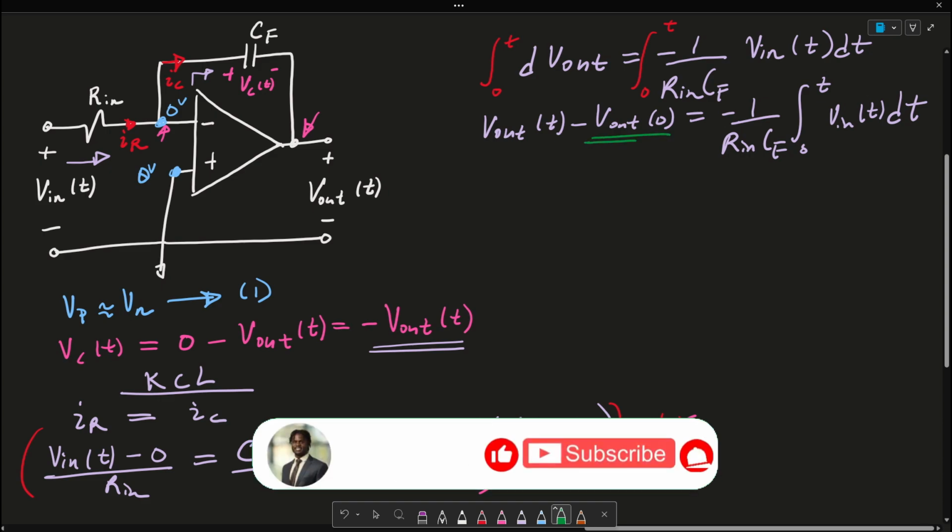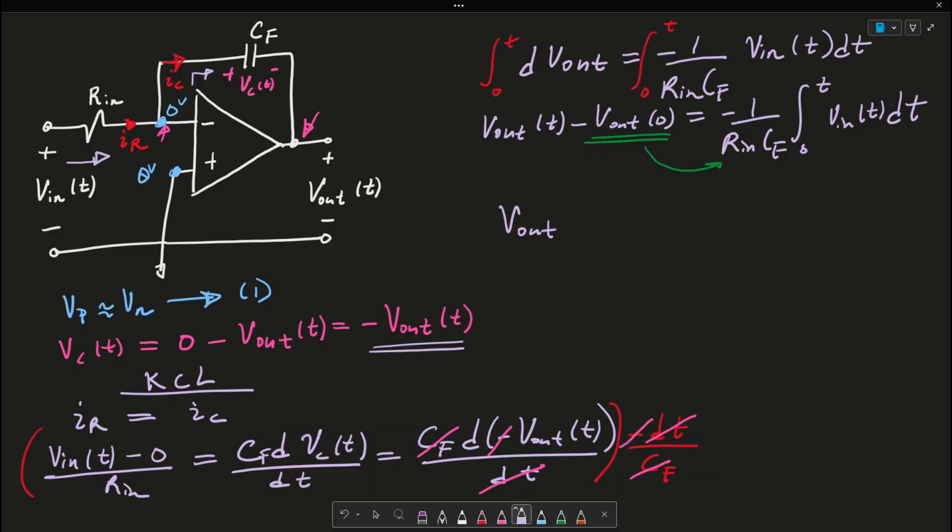Since this here is my initial condition, I can move it to the right-hand side. And this becomes V out of t is equated to minus 1 over Rn CF, integrated from 0 to t, Vn of t dt, plus V out of 0, or my initial condition.